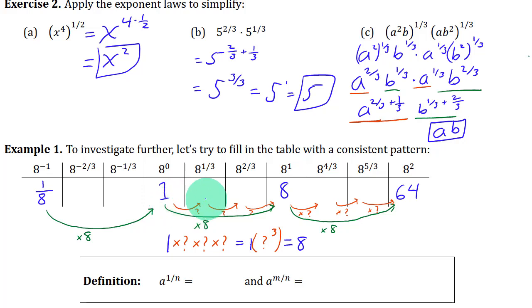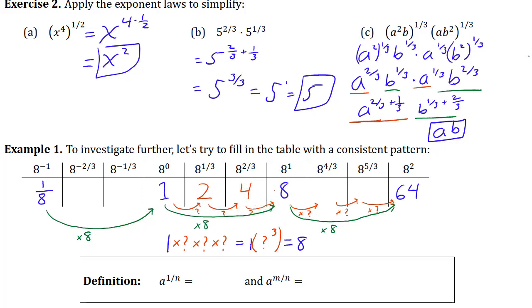Because if you do 1 times 2 times 2 times 2, if you multiply by that question mark each time, you'll get 8. So let's see, if we do 1 times 2, that would be 2 here. And if you do that times 2, you'll get 4.